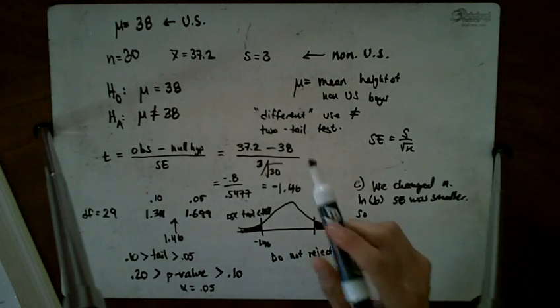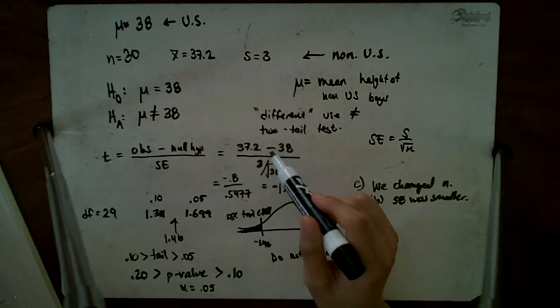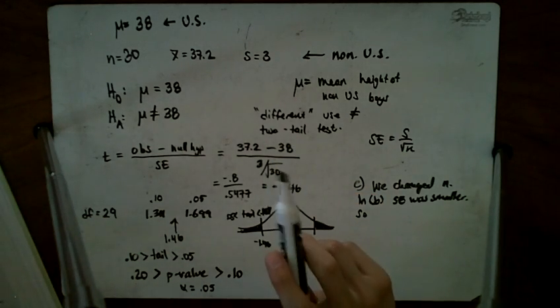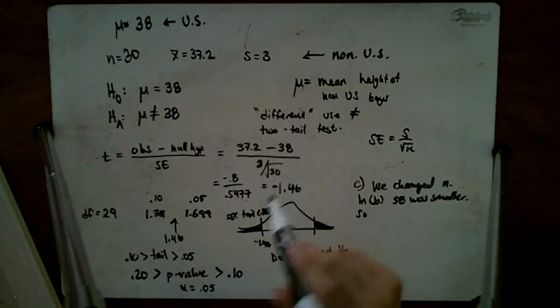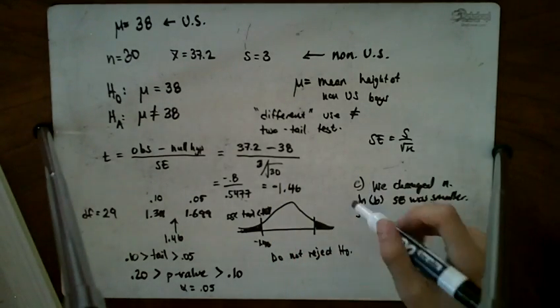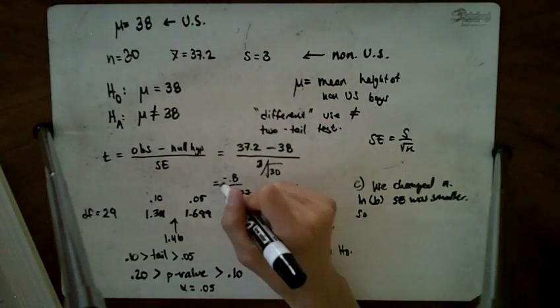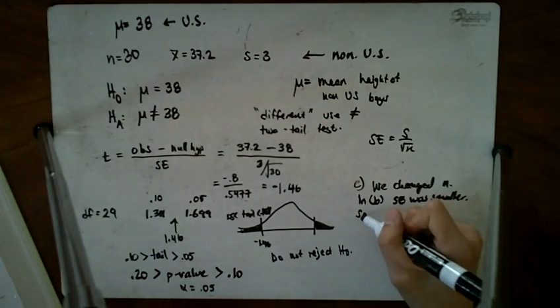So this difference of 0.8, okay, when the standard error was large, it was not that many standard deviations or standard errors away from the mean. When the standard error gets smaller, then that distance of -0.8 gets farther and farther, more standard errors away.